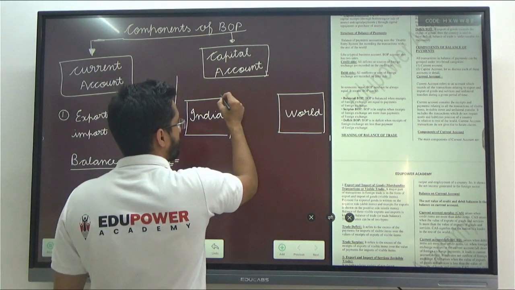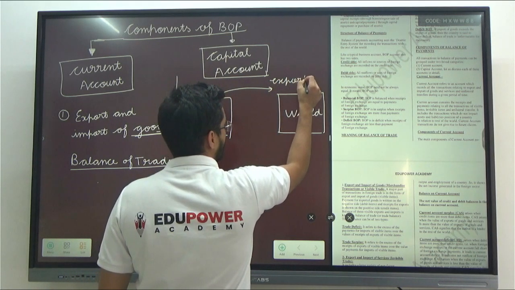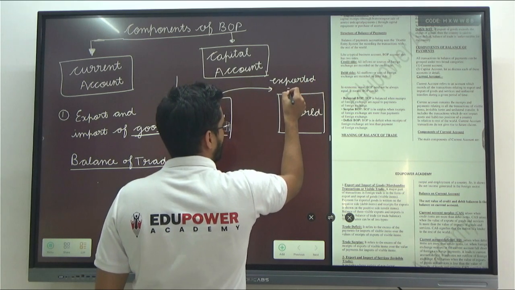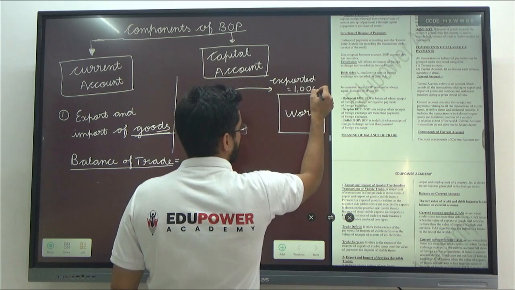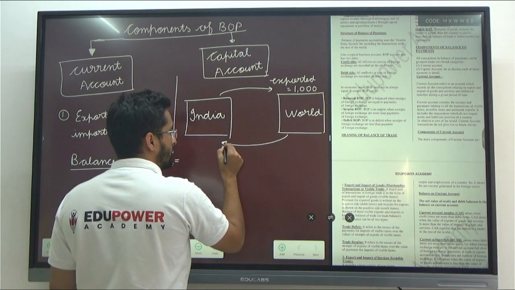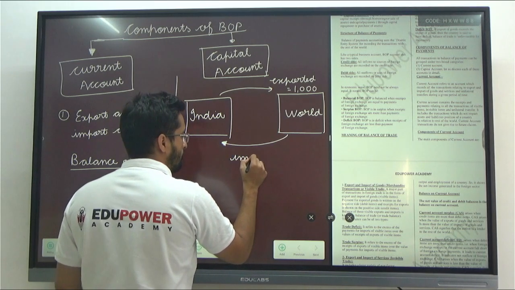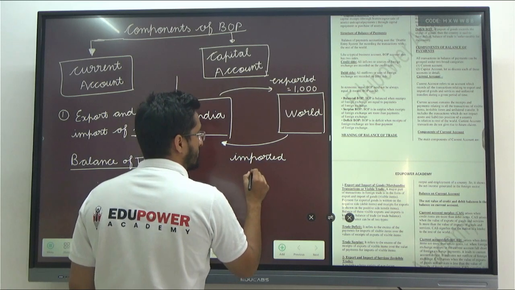Suppose India has exported goods worth rupees 1000, but India has imported goods worth rupees 1200.